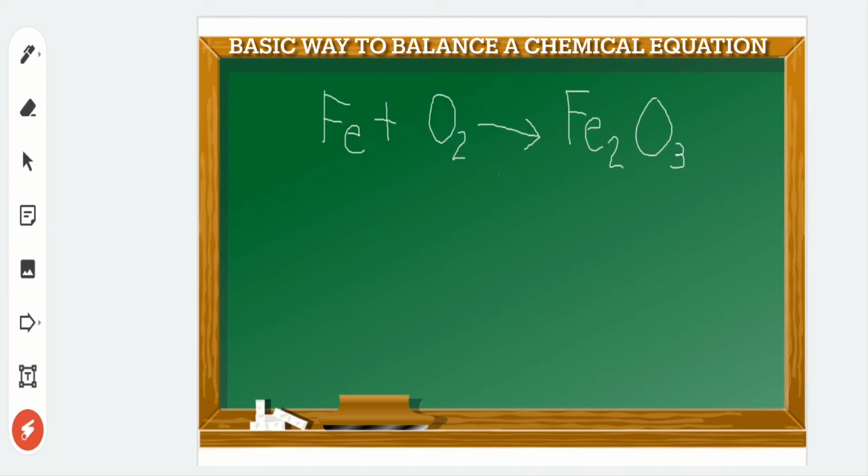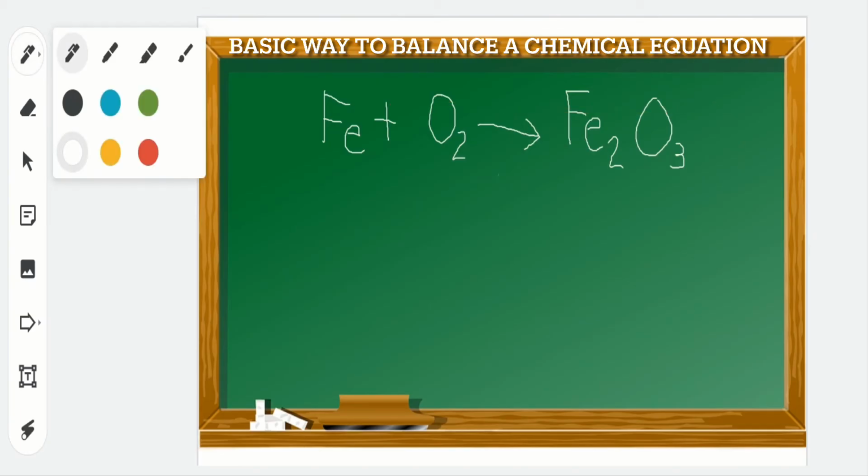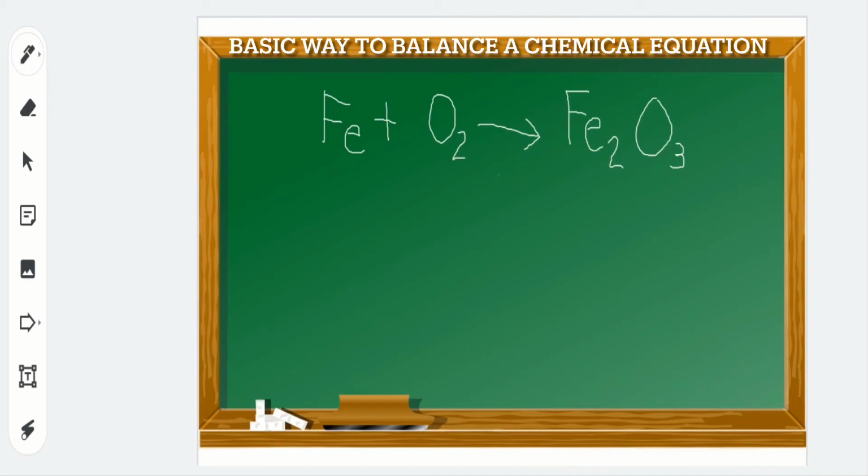Now to find out if balance itong ating chemical equation, kailangan natin ilista yung ating mga number of atoms dito sa reactant side at i-compare natin dito sa number of atoms sa product side. So, first thing is ilista muna natin. Sa reactant side, meron tayong 1 iron.